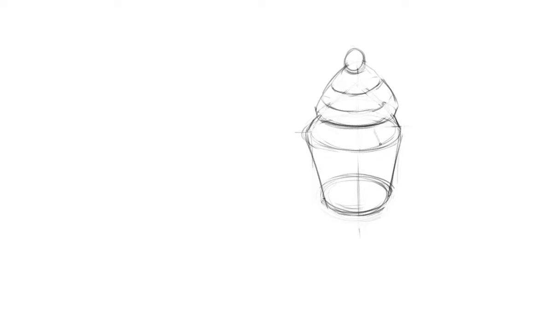I can go like this and down and across the form and up to the back of the form, wherever I would find the back of the form, right about there.